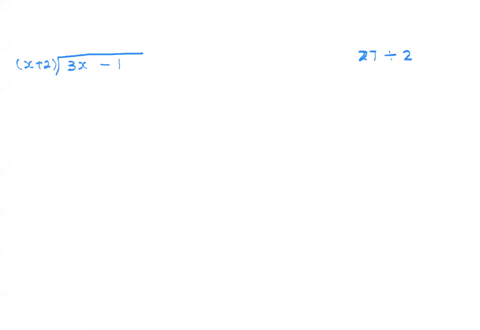So this is equal to 13 plus 1 divided by 2. Am I right? Because when you do your long division, it's like that. 27, you divide by 2. 1, 2, 2. 3, 2, 6. Remainder 1. So that is how you go. This is your remainder. This is your divisor. And this is the quotient.